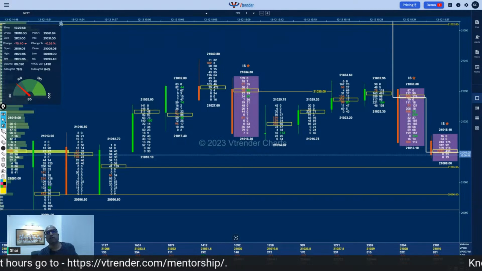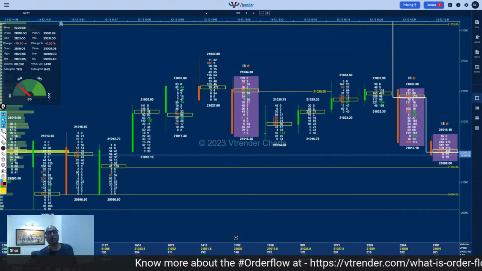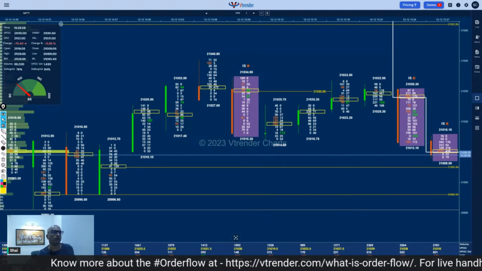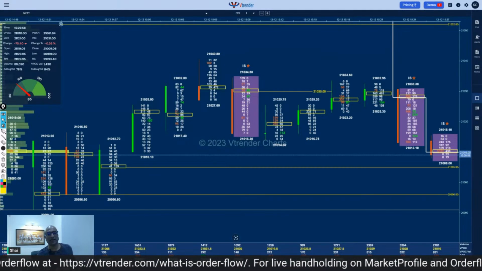So if you have more questions, you can go through it later in the evening also. Let's begin with what order flow is. You're looking at an order flow chart right now on your screens, and this is the Nifty futures dated today.